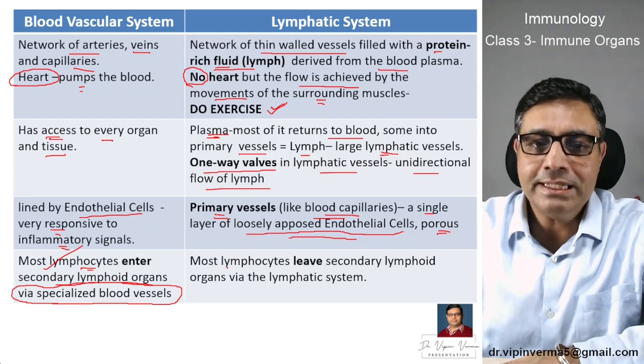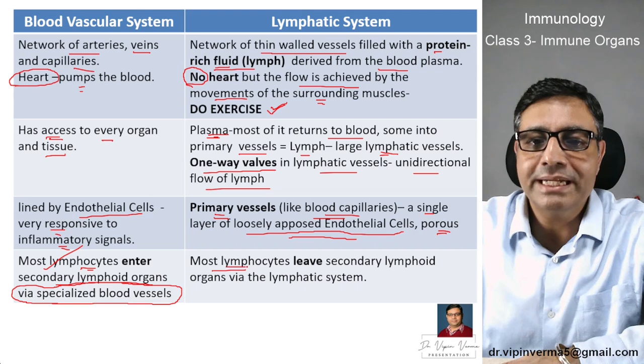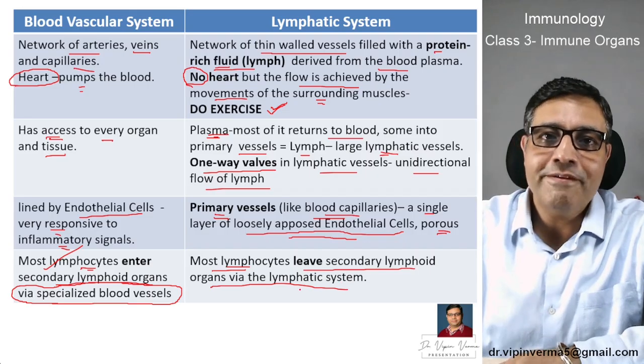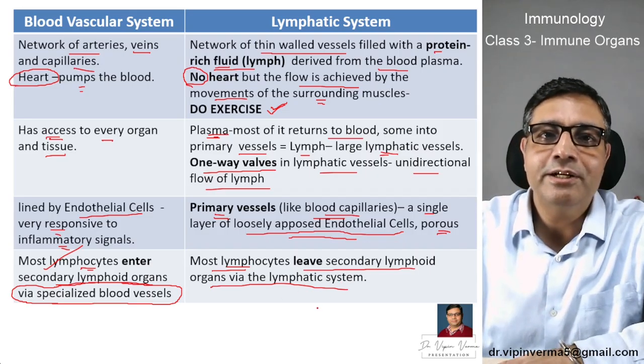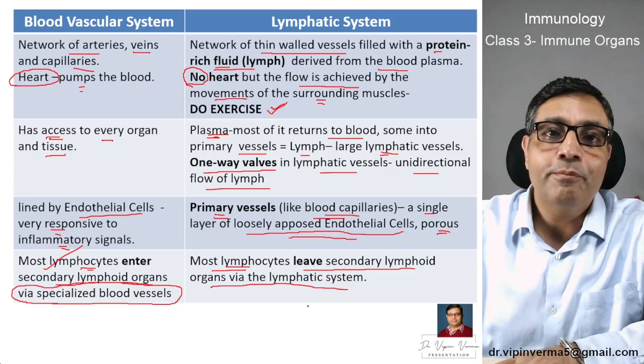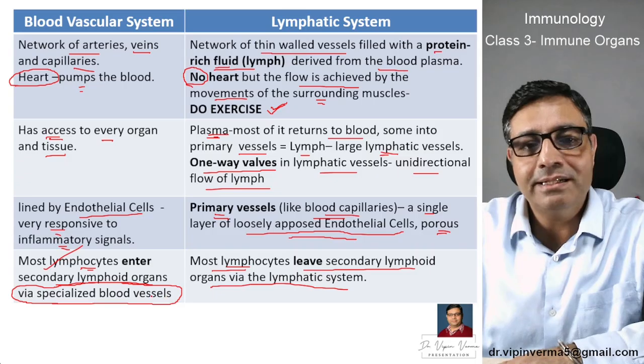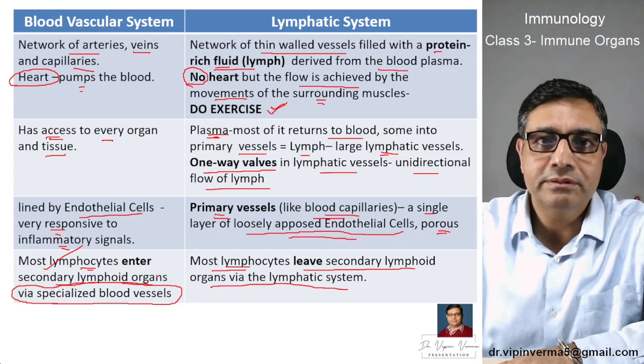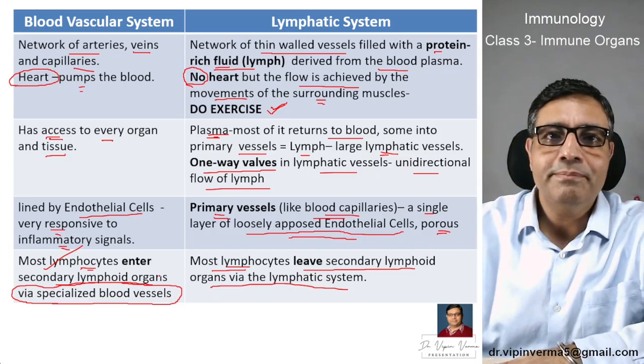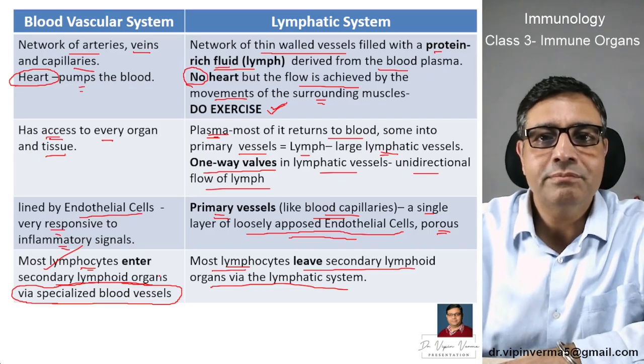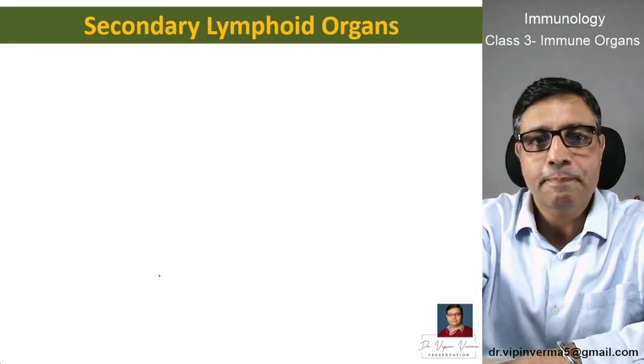While in the lymphatic system, most lymphocytes leave secondary lymphoid organs via the lymphatic system. So via the lymphatic system, they again re-enter the blood vascular system, and from the blood vascular system, through the special blood vessels, they enter into the secondary lymphoid organs. So this is just a comparison between the blood vascular system and the lymphatic system.